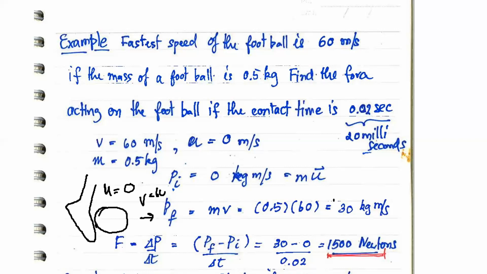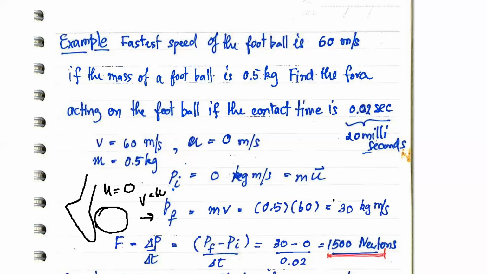Okay, so let's take a look at this. If the velocity is 60 meters per second, and let's say that it starts from 0, so if you want to kick the ball to have a speed at the end of 60 meters per second, what is the force that you're acting on the ball?